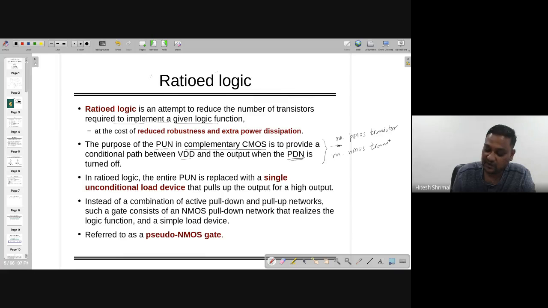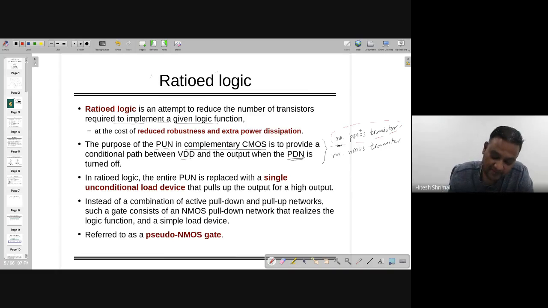So the power up network and power down network will have equal resistances, with the upside that in the power up network you can use a multiplication of 2 in the case of West and Harris, and in the case of Rabaey, he is using 3. So you can use some numbers so that you have equal resistances, and because of that you can have tPHL and tPLH equal, and you can also control the value of VM, which is the switching threshold. So this is what you wanted to have.